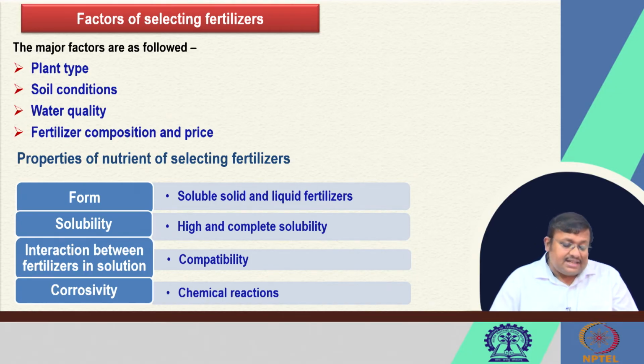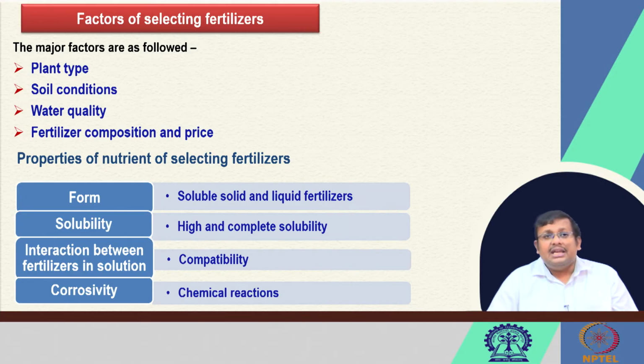And also interaction between fertilizers in solution, there should be complete compatibility, otherwise we cannot use that fertilizer for fertigation. And the fourth important point is corrosivity. It should have minimum chemical reactions to interact with the materials which are present in the fertigation system, so that there should not be any salt buildup or any corrosion.